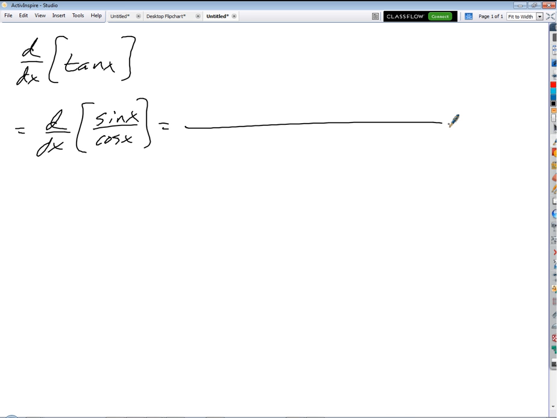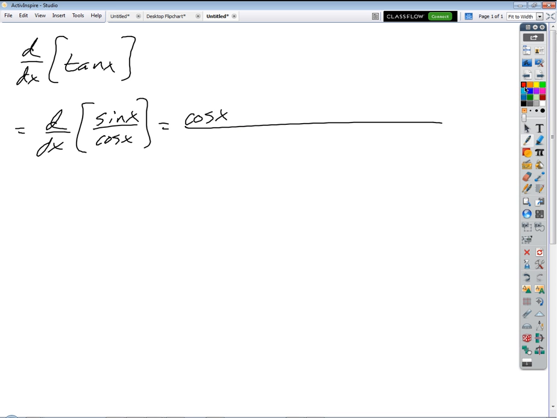So it's the bottom, which we usually call v, times the derivative of the top, minus the top times the derivative of the bottom, divided by the bottom squared. Usually we think of it in terms of u's and v's. So let's do that.